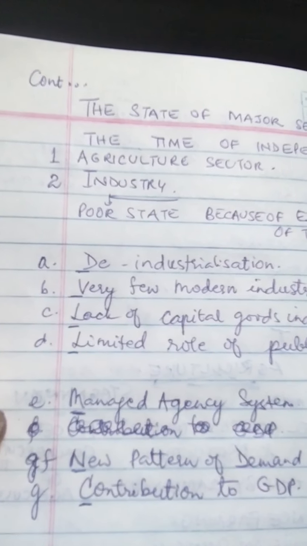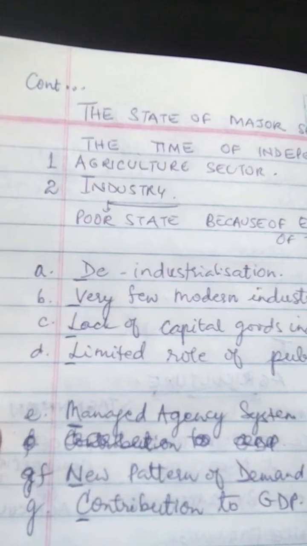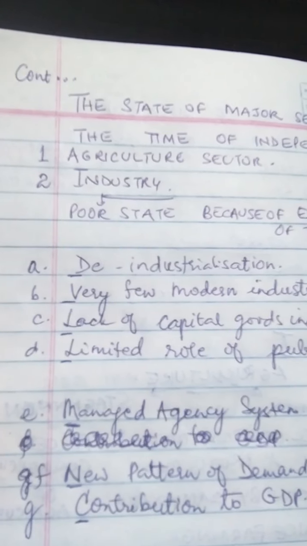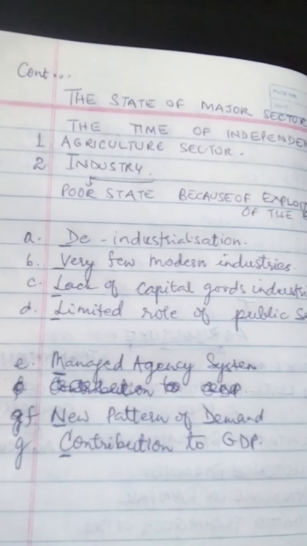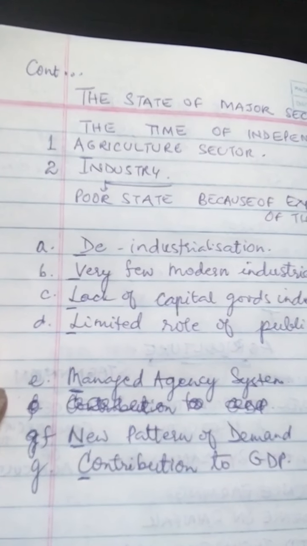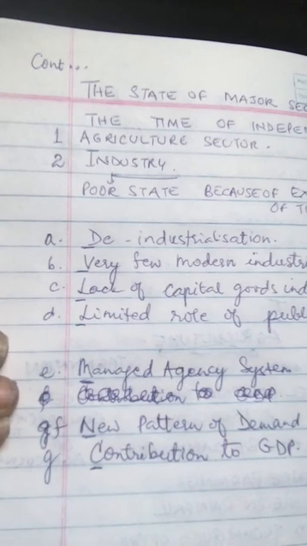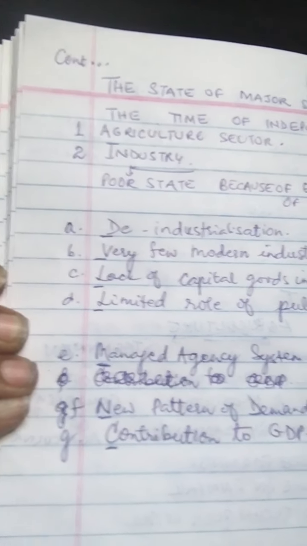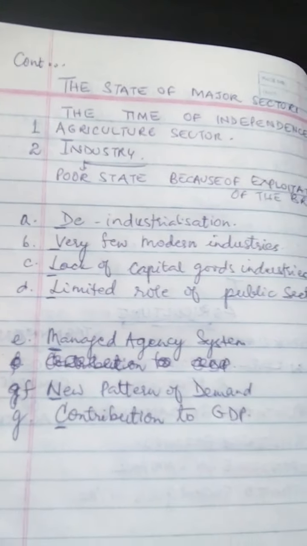So that was M. Then the new pattern of demand. There was a new pattern of demand because of the British culture that was cultivated even amongst the Indians. A new class of people emerged in India who wanted to copy the Western lifestyle.